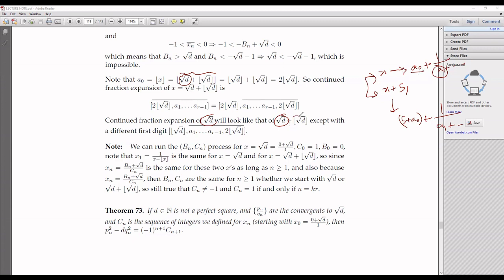So this integer is being removed when we are considering root d only. So the first term will be reduced by this much. So 2 times floor of square root d minus a single floor of square root d gives us this. Let me know if this part was clear to you.